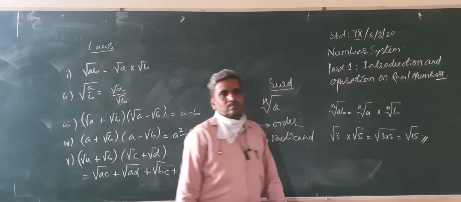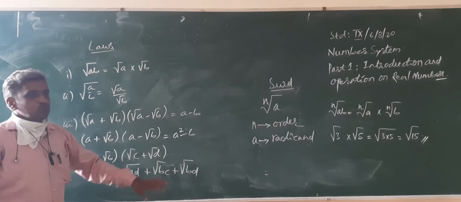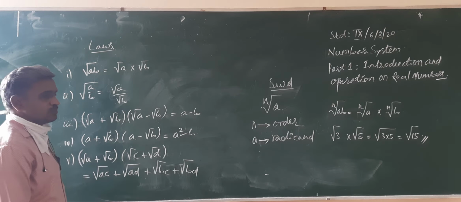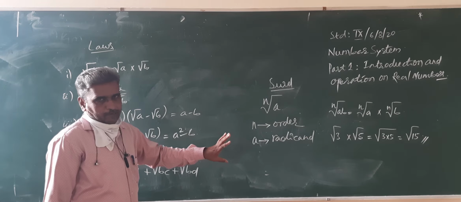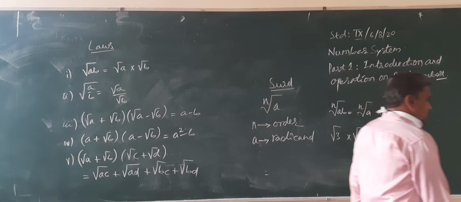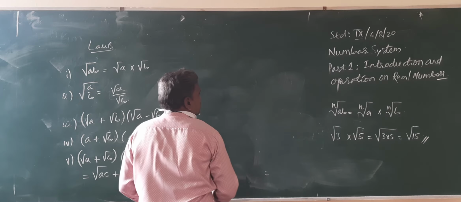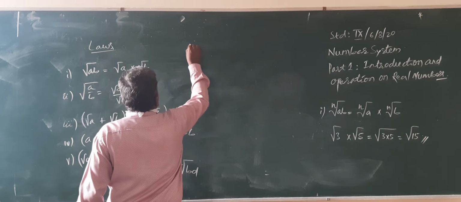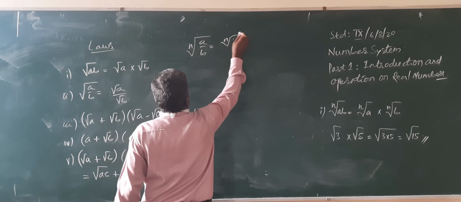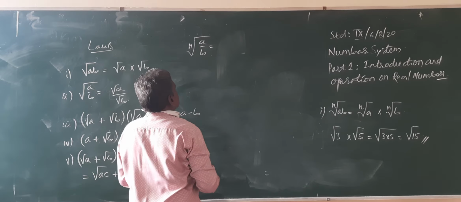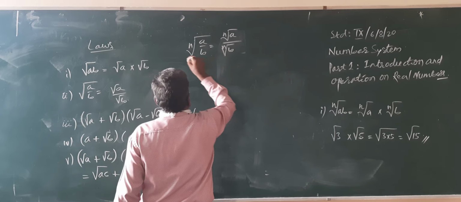That is clear. Here the order is not mentioned; only the square root is given. So like that, the nth root can give that, and that is actually the surd form, order and radicand. And similarly, the nth root of a by b is equal to the nth root of a divided by the nth root of b.